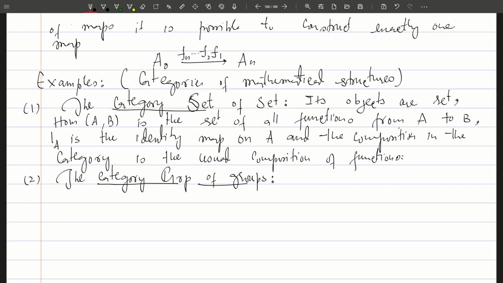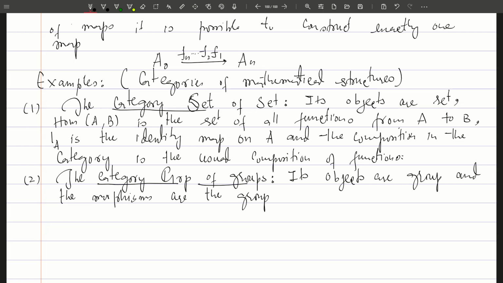Here the objects are groups and the morphisms are group homomorphisms. So here one should note that the identity on a group is the identity homomorphism.